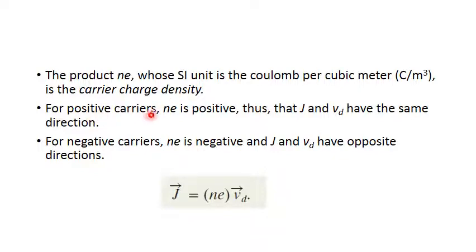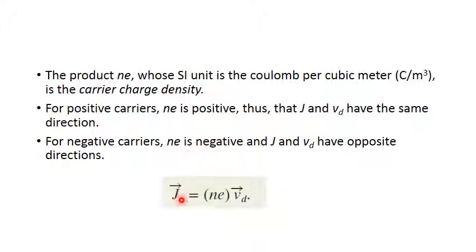For positive carriers, Ne is positive. Thus, the current density J and Vd have the same direction. If N is positive, the vector J has the same direction as the drift velocity vector. If we are talking about negative carriers, like electrons, Ne would be negative.